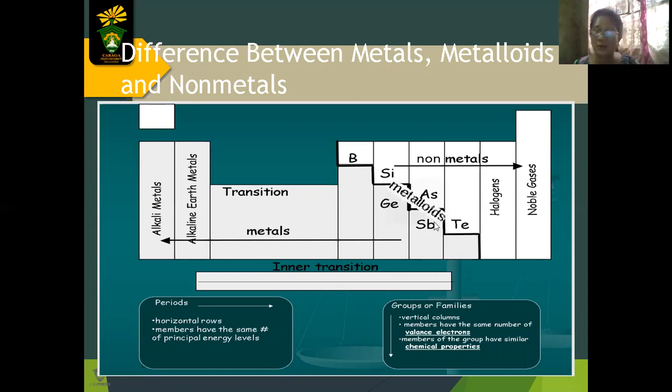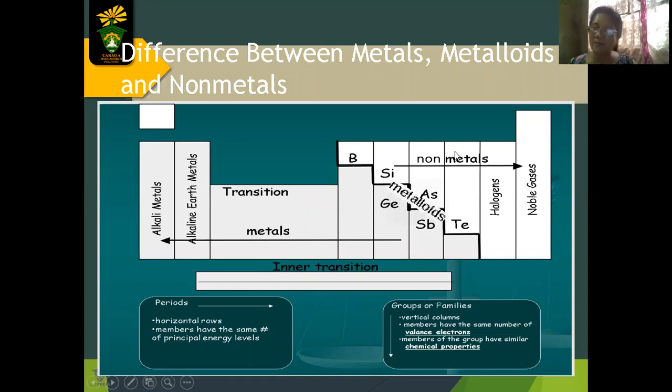They are horizontal rows, and the members have the same principal energy level. The distinguishing feature is, for example, that it is 1s for all of them. Then here it is 2p. This part is s, this part is p, and this part is d and f.